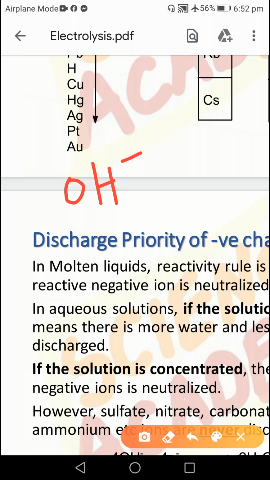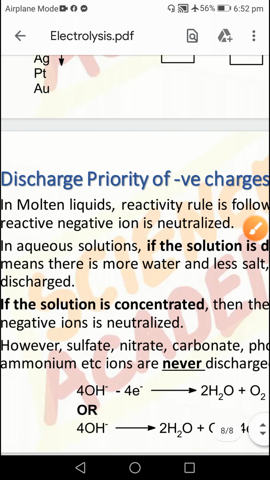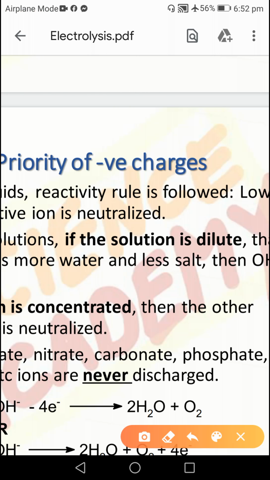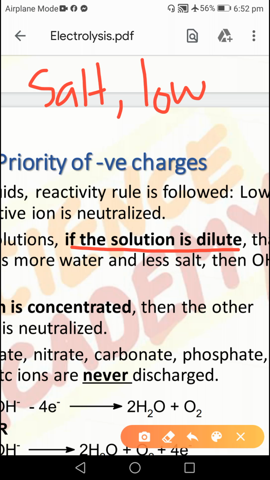Now the thing is that if the solution is dilute, it means the concentration of the salt, or the amount of salt in the solution, is very low. The concentration does not affect the discharge of positive charge, it only affects the discharge of negative charge.